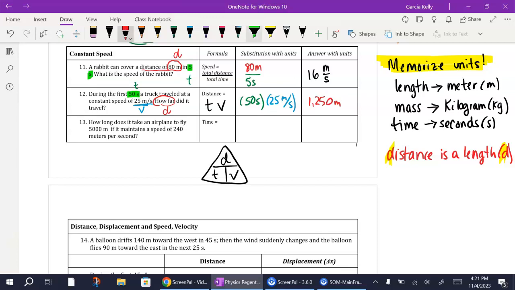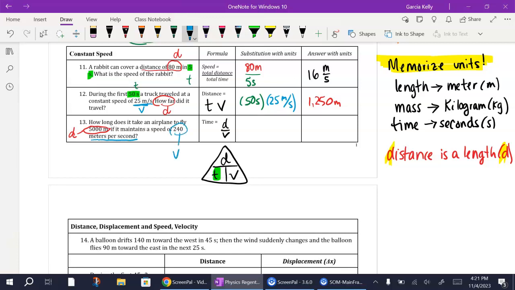If I'm looking for time, my formula is going to be distance divided by velocity. So I'm going to look for where I see meters by itself, so that's distance. And be careful when you see meters that it's only meters. Like in this case here I see meters, but look ahead, it says per second.